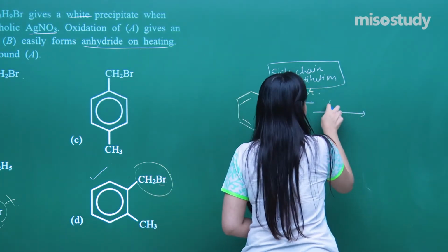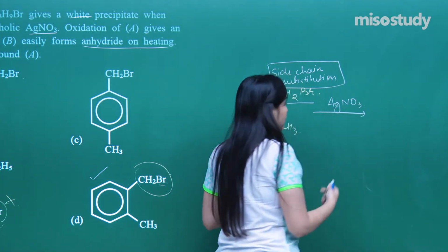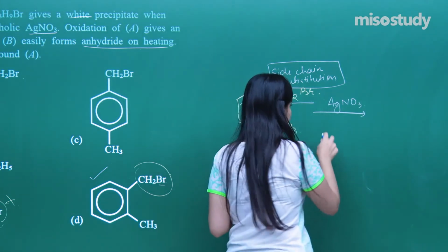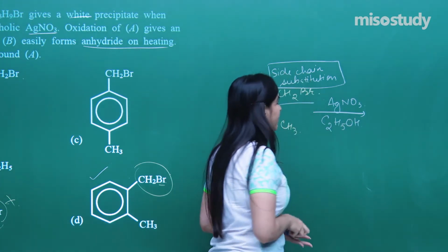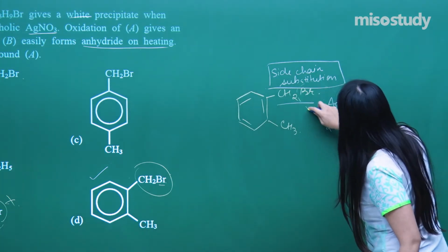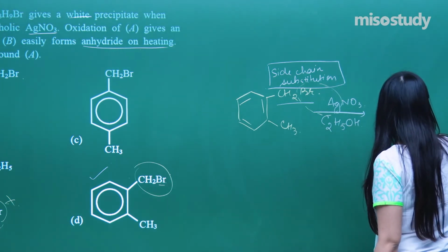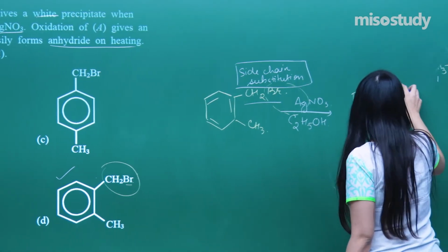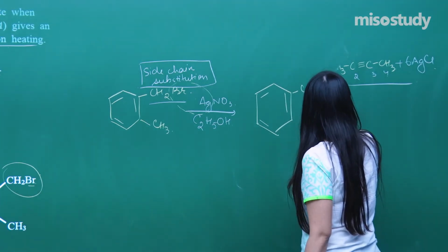What do we get? Alcoholic AgNO3, that means alcohol I have taken, C2H5OH. What do we get as an answer? We get AgBr as the light yellow precipitate, and CH2OR, or I can say OC2H5.